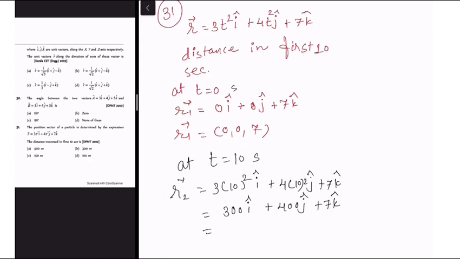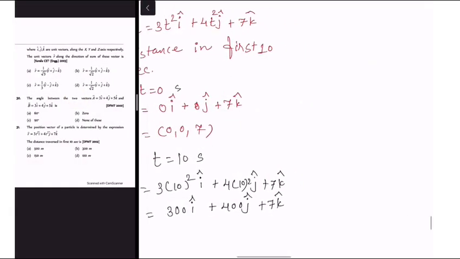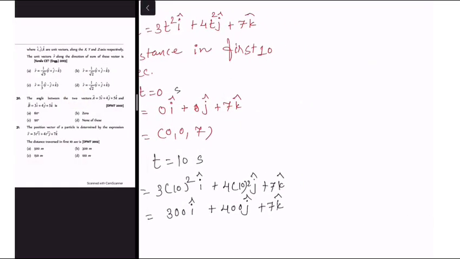Now the displacement delta R, or R2 minus R1, and I want to find the magnitude of it, which is mode of R2 minus R1.